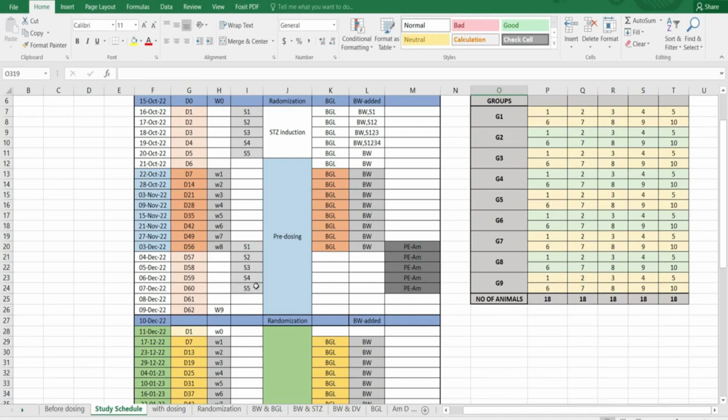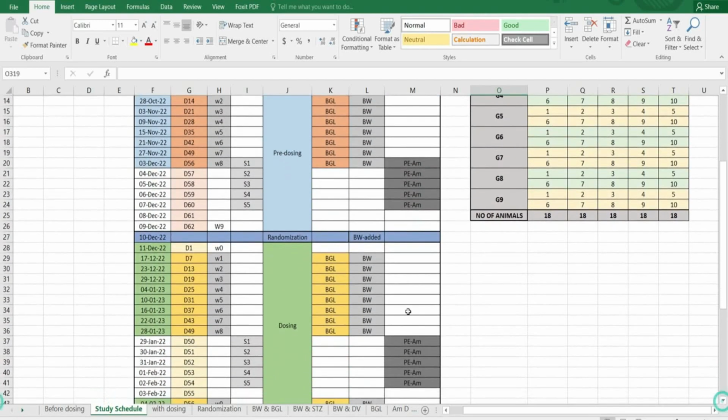So for that we have to give all animals apomorphine, and after giving apomorphine, within 30 minutes in a specific condition in a black box, the animal has to give the response, meaning they have to show penile erection if they are non-diabetic or if they have not been induced.